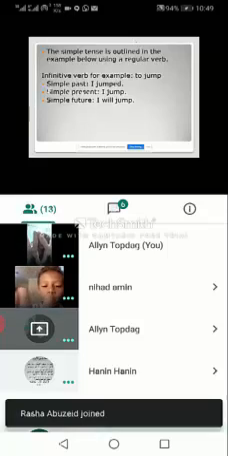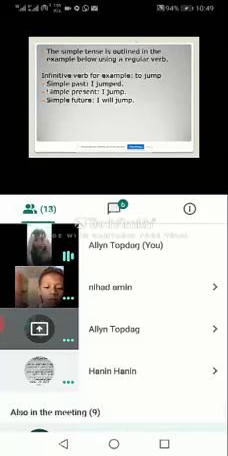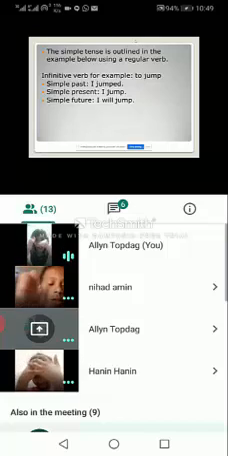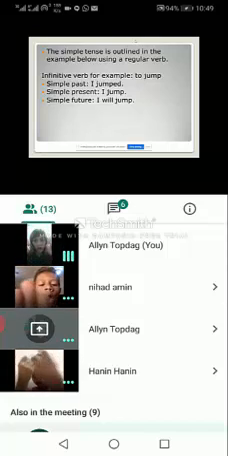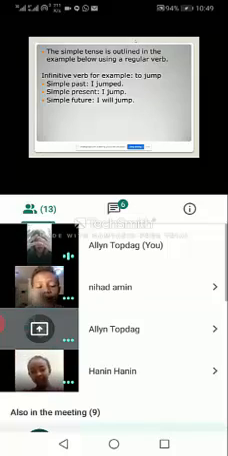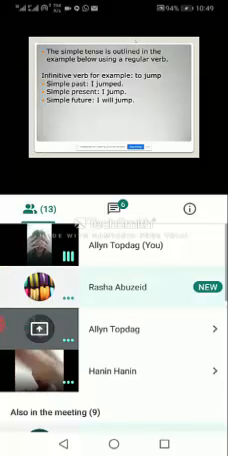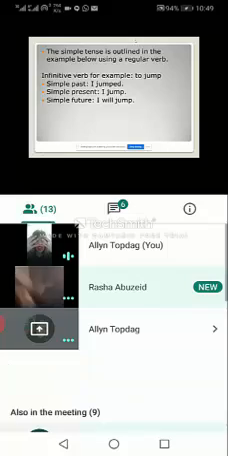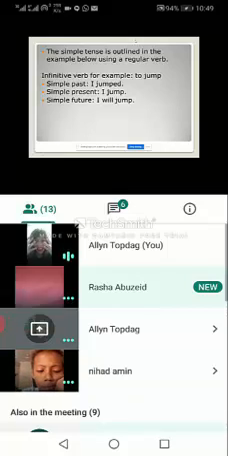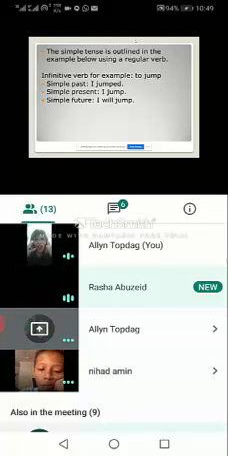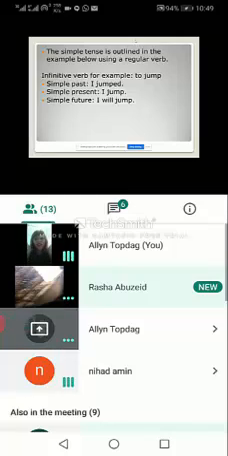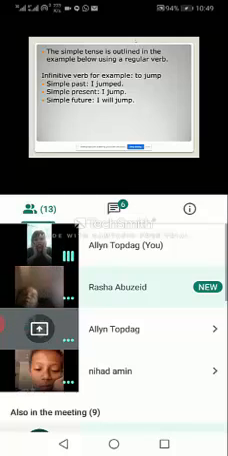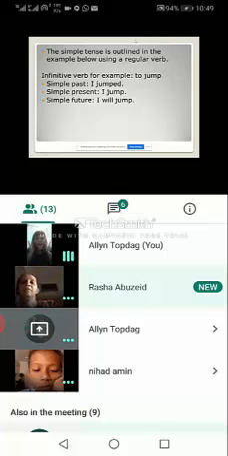Okay, let's continue. A simple tense is a tense in English with no aspect that expresses actions occurring in the past, present, and future. So we have 3 simple tenses. What are those again? The past, the present, and the future. Good job. So who can read for me what a simple tense is? Who can?